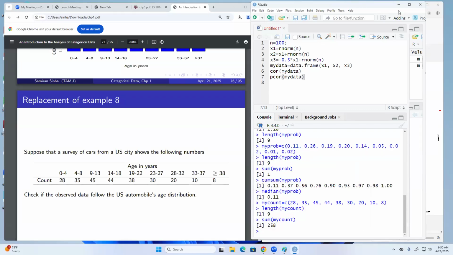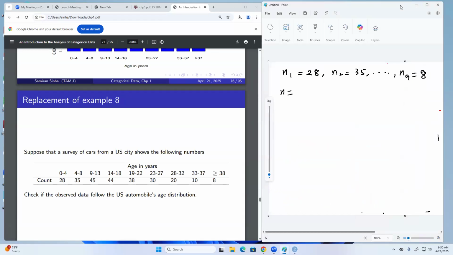It is 258. Equal to 258 observations. 258 cars were surveyed, and we found out of them 28 are of age 0 to 4 years, 35 are of age 4 to 8 years, so on and so forth.